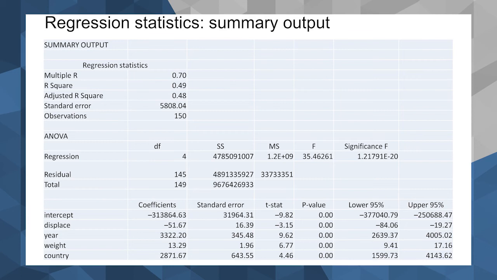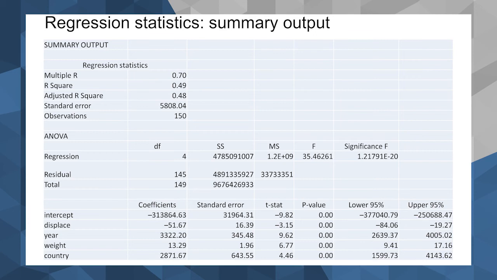Now we can use this model for prediction. Take any car, find the value for displacement, year, weight, and country, and put it in the model, which you can see in the previous slide. In this case, beta 0 is minus 313,864. Beta 1 is minus 5,167 multiplied by the value for displacement. Beta 2 is 3,322.2 multiplied by the year of the car.